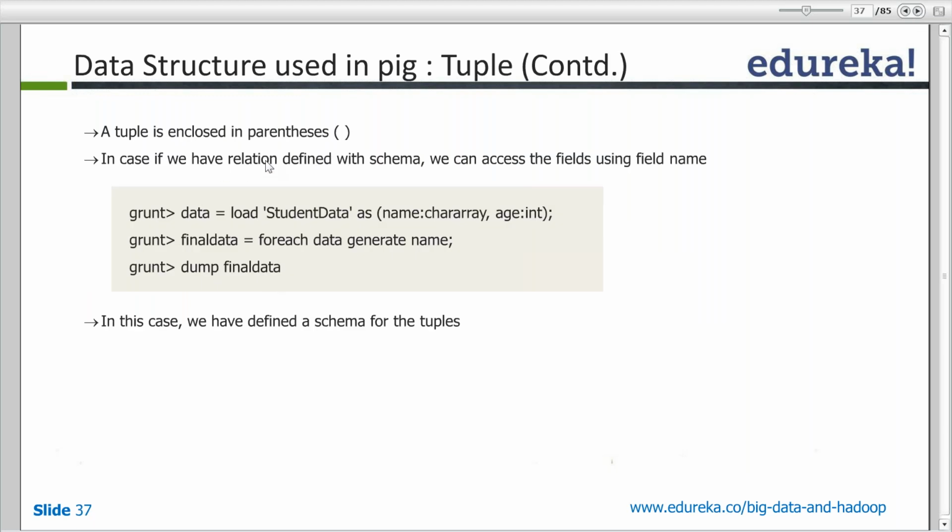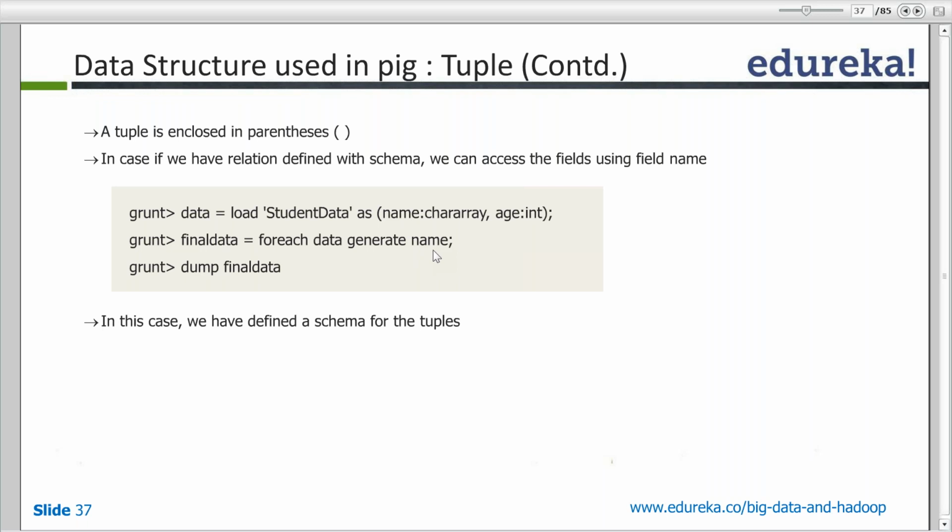A tuple is enclosed in parentheses, as we have seen. In case we have a relation defined with a schema, we can access the field using field names. So let's say you're defining a schema also. In the first case, there was no schema. Here I'm defining a schema. So instead of using foreach data generate $0, as I was initially doing, if I have a schema, it is very simple for me to access the fields.